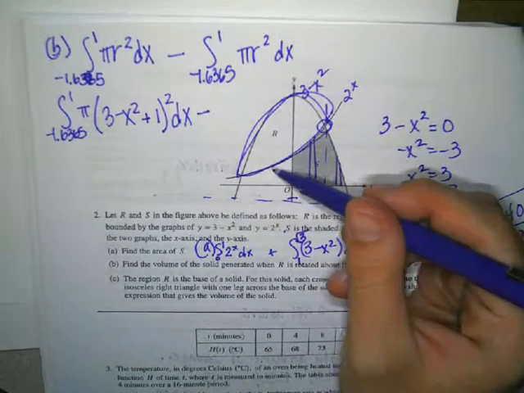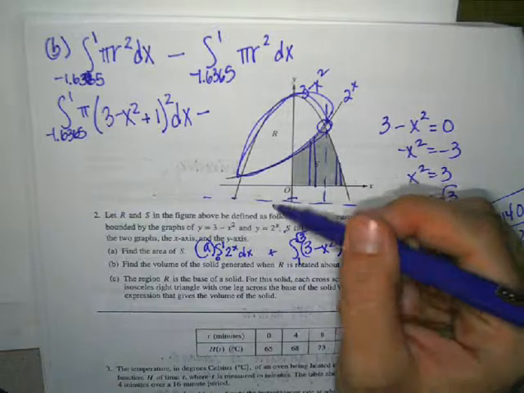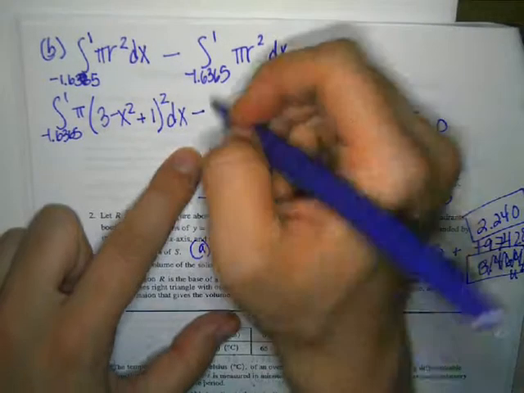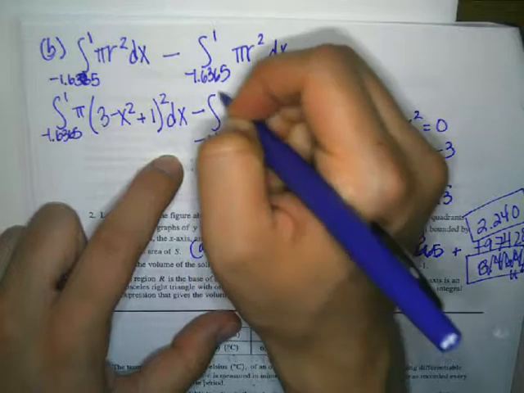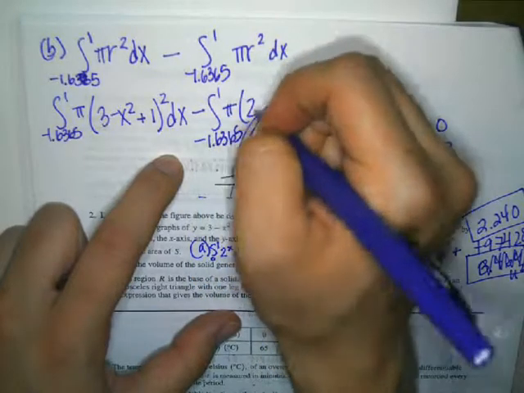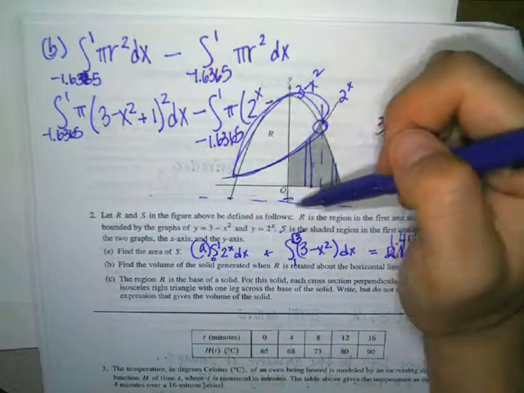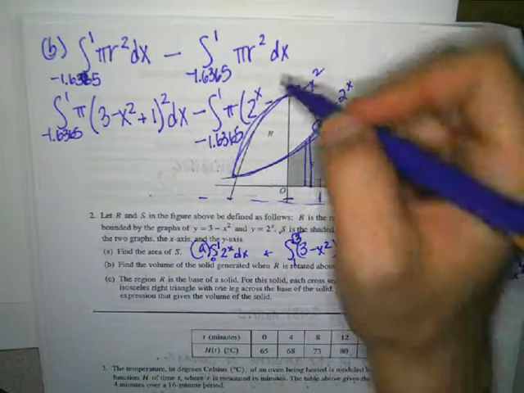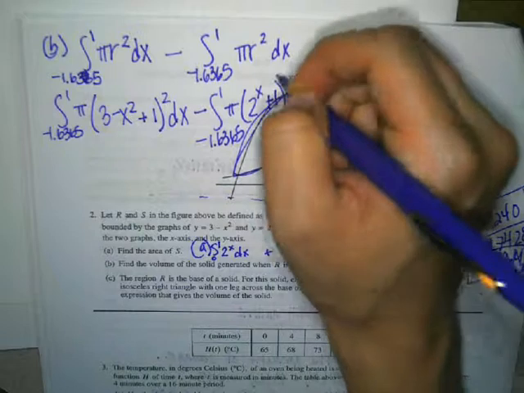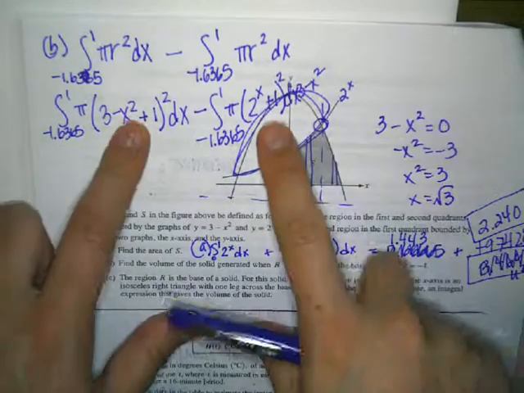And then here your inner disk will be top minus bottom, but your top function will be 2 to the x, minus the bottom, which will be what you're rotating around again, so it'll be plus 1. Now, we don't have to simplify or anything here.